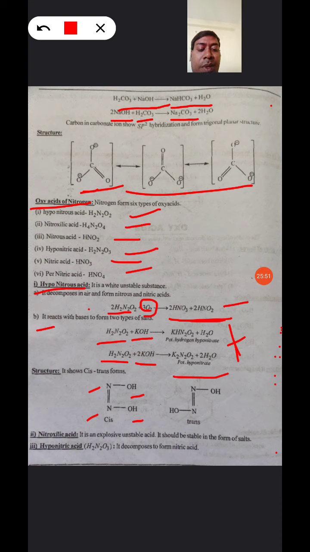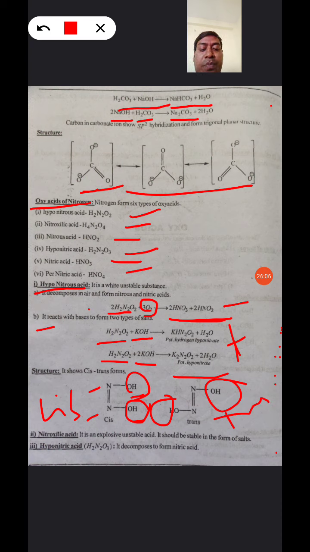Here these are on the same side, that's why it is called cis. Here OH is on the opposite side, that's why it is called trans. So this hyponitrous acid shows cis and trans forms.